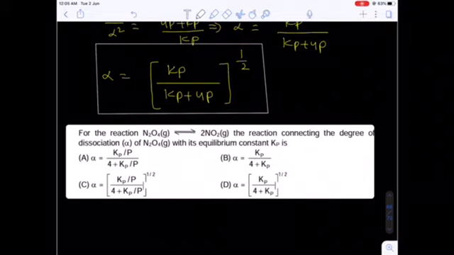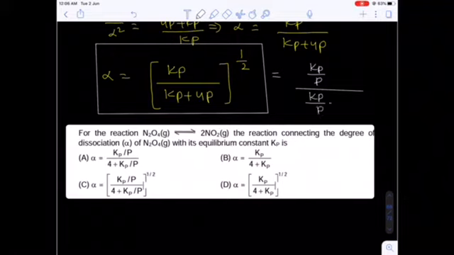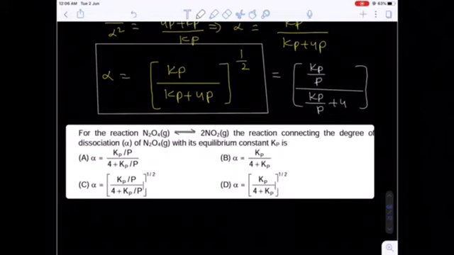So if you see all these options, the third option, if you change this somewhat. Now what we are doing here, multiply by P and divide by P. Now Kp by P in the numerator, and also in the denominator Kp by P plus 4.